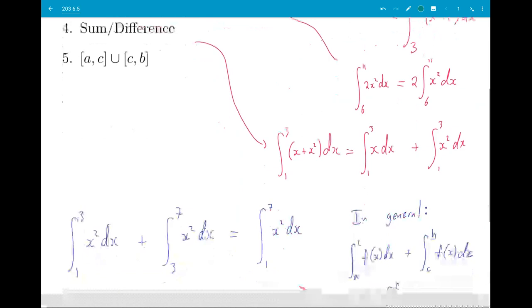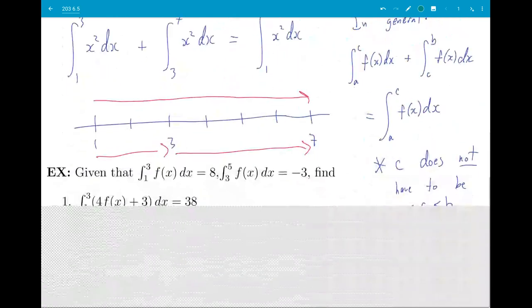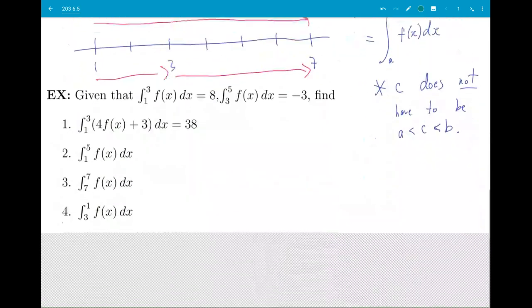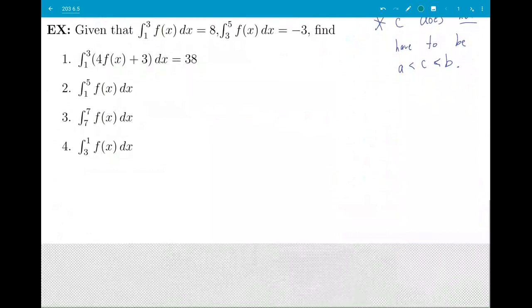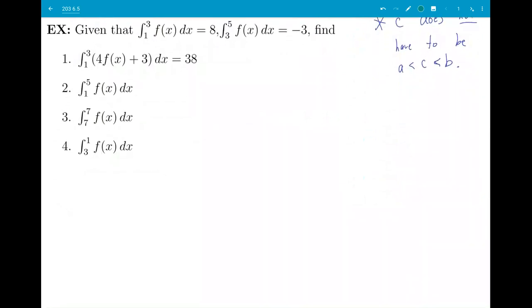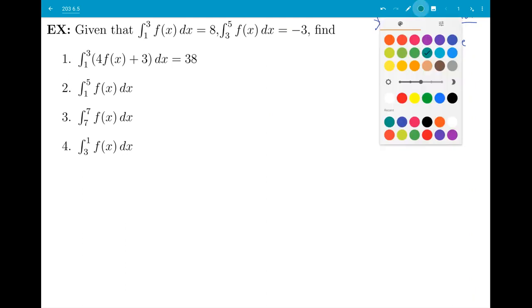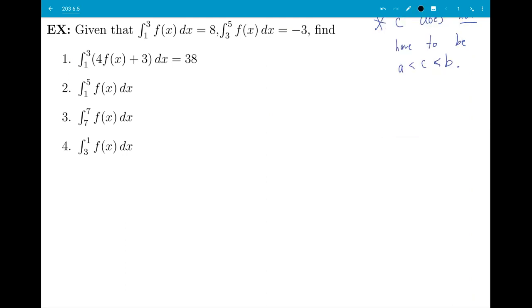Okay, let's have a look at an example. Pause and copy this example. Question 1: we're going to use our properties to sort this out.